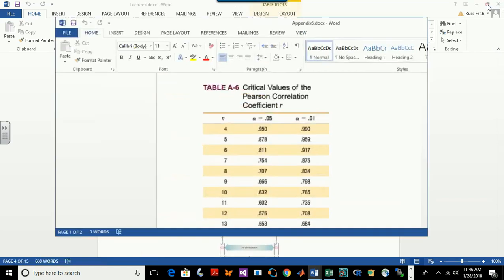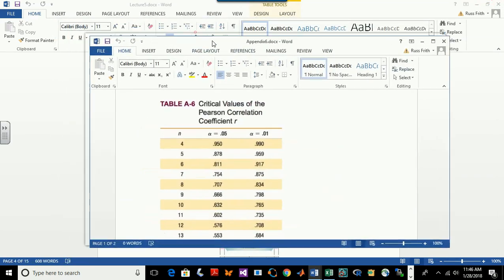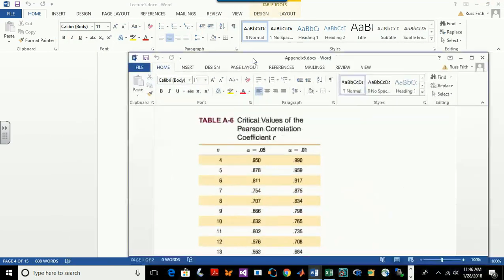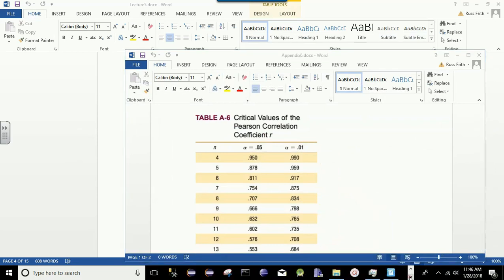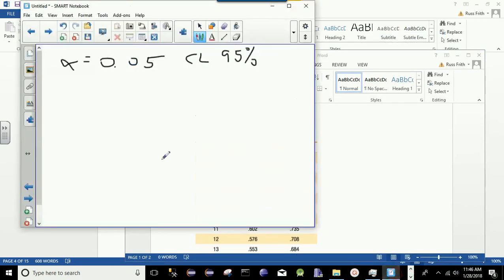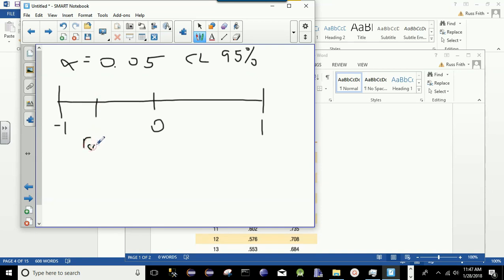The way the test for linearity goes, based on correlation, is you draw a number line from -1 to 1. This is the range of correlation values. Then you find your critical value based on alpha and the number of sample pairs you have.